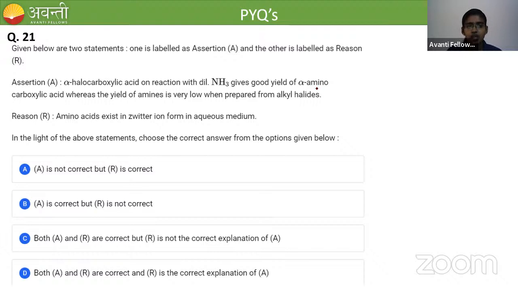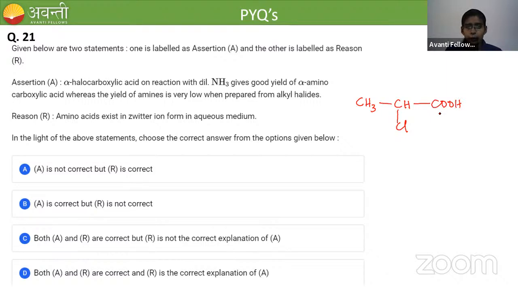So what is an alpha halo carboxylic acid? If I have CH3, CH, and a Cl, and COOH, this is called an alpha halo carboxylic acid. Okay.